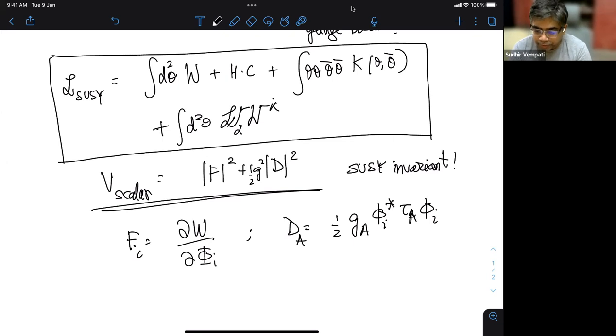So this gives you the complete supersymmetric invariant Lagrangian, and this F squared plus D squared is also supersymmetric invariant.